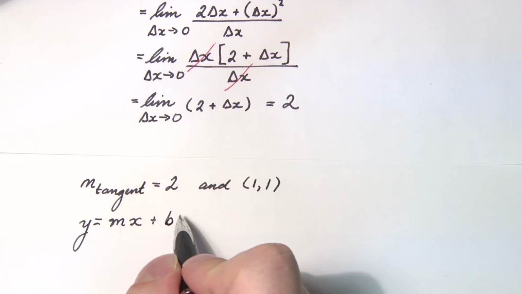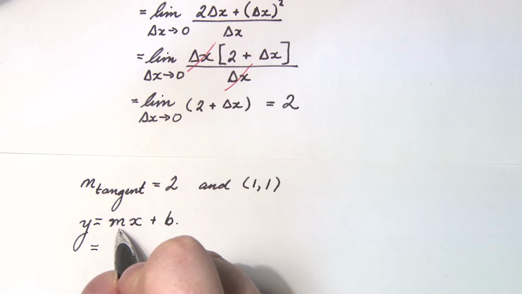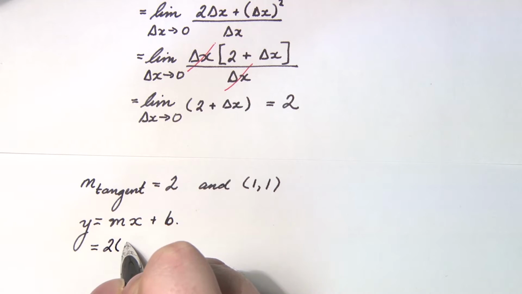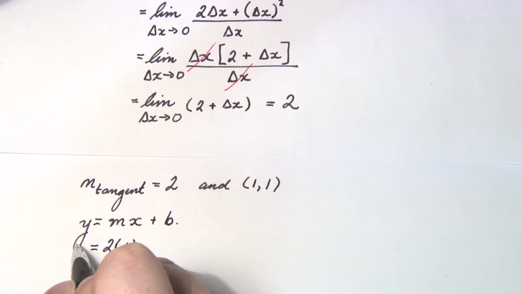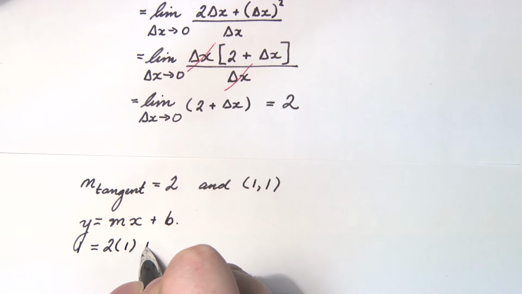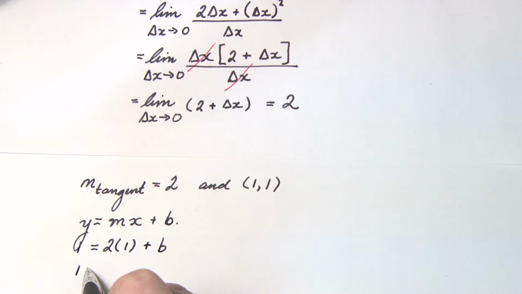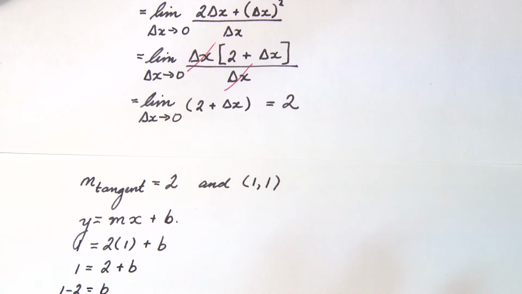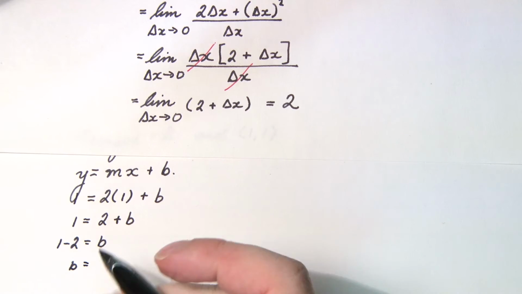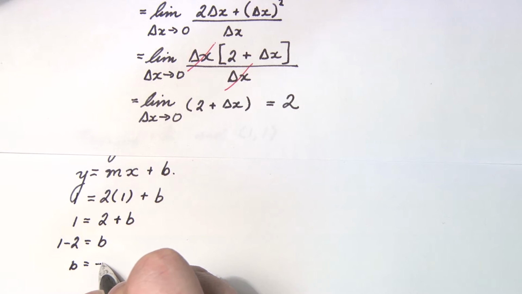So we just need to solve for b because we have the slope, which is 2, at the point x equals 1 and y equals 1. So I have 1 equal to 2 plus b. So I bring the 2 over to this side. So 1 minus 2 equals b. b equals 1 minus 2, so that's just minus 1.